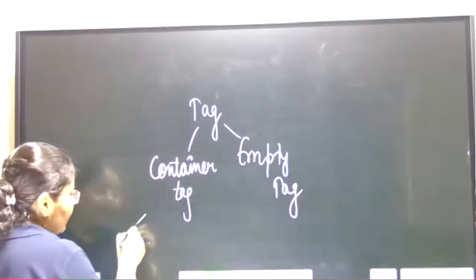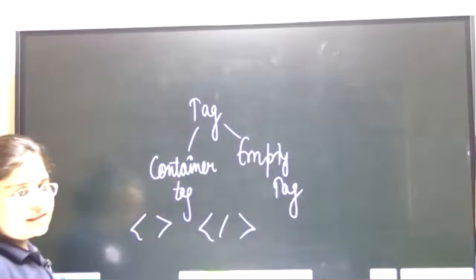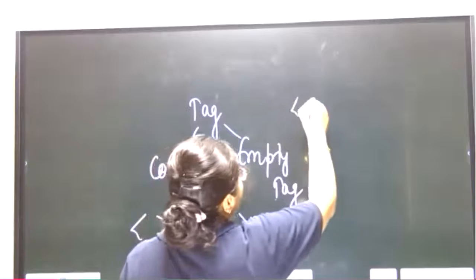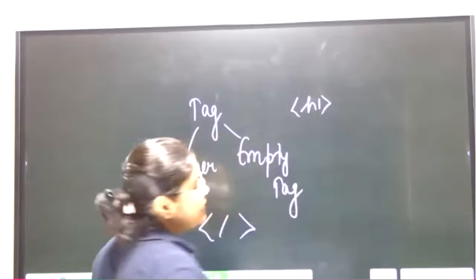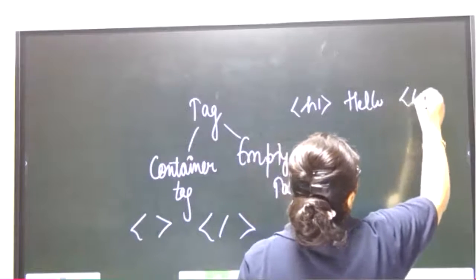जिन टैग को आपको ओपन भी करना पड़े और क्लोज भी करना पड़े. ठीक है. जैसे कि अगर आपने यहाँ पे लिखा H1, तो H1 आपका क्या है? कंटेनर टैग है. मीन्स आप उसको पहले ओपन करोगे, फिर उसमें सपोज आपने लिखा हेलो और फिर उसको आपको क्लोज करना पड़ेगा.